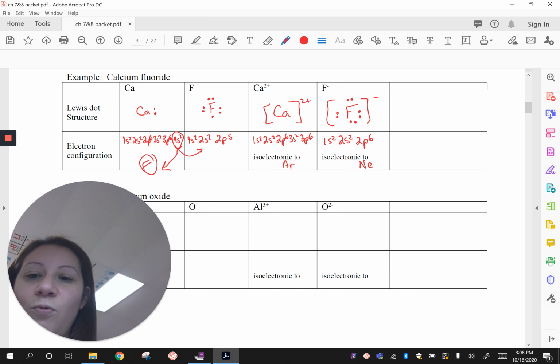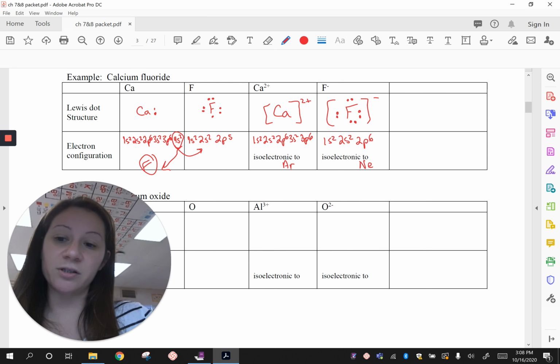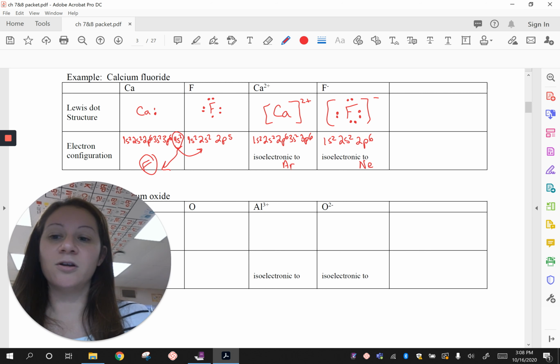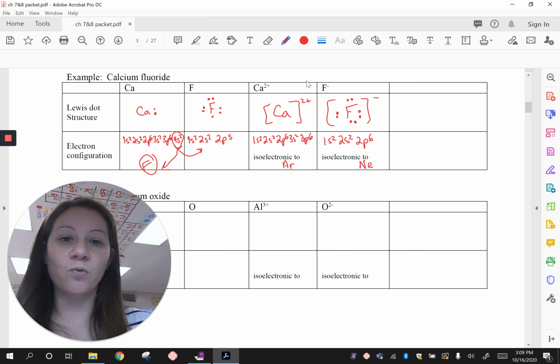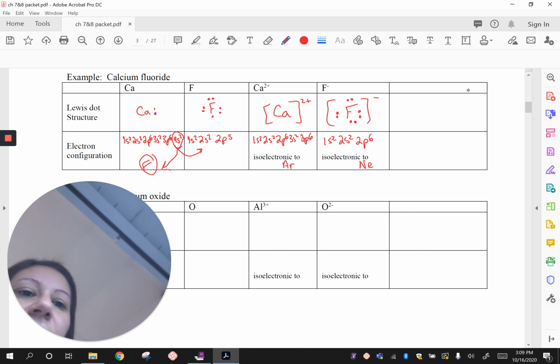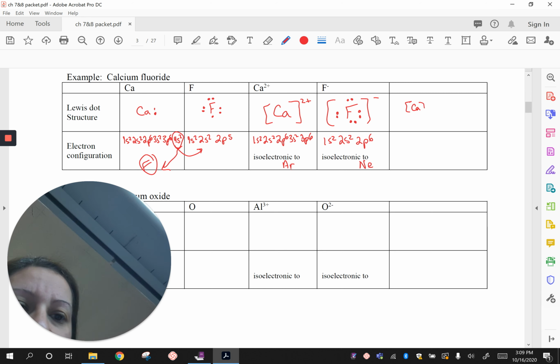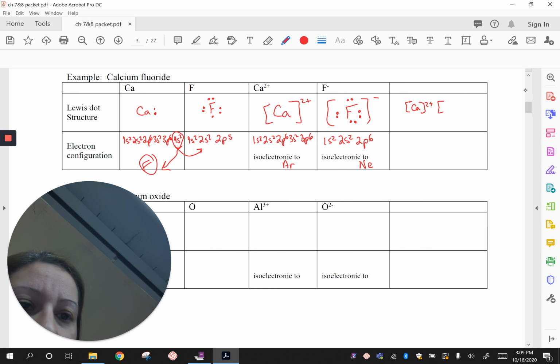Well, when we write the charges, we can look at the charges, and we need to be able to make a neutral compound. If we were to put 1 calcium ion with 1 fluoride ion, the total charge would not be neutral. Let's do it. So if you have a Ca with a 2 plus and then an F minus like this, well, that's not neutral.